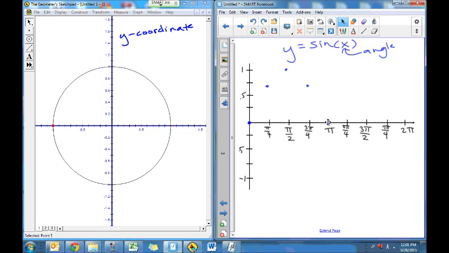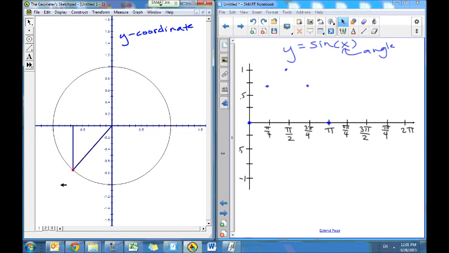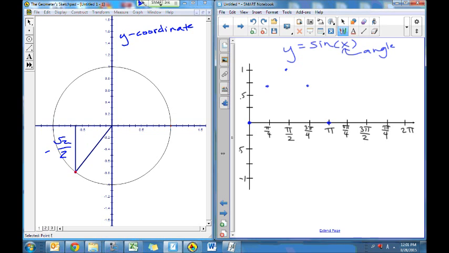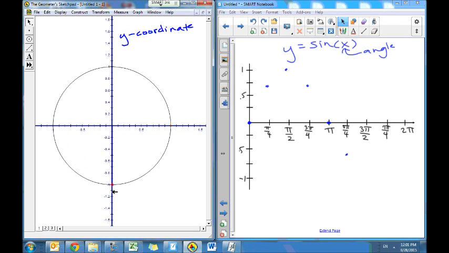Okay, keep going. I'm now below the x-axis, so it's negative, and it's going to be a negative root 2 over 2. So down here, this is a negative root 2 over 2, about down there. Now if I keep going, I'm at 3 pi halves. I'm at negative 1. 3 pi halves, negative 1.